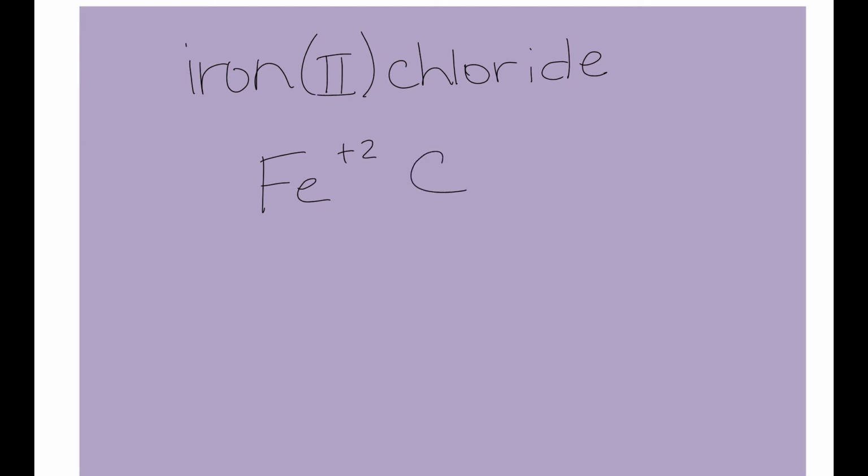Okay, and then we got Cl, which is a -1 charge. So we're going to go ahead and cross them down, and we get FeCl2. Pretty simple.